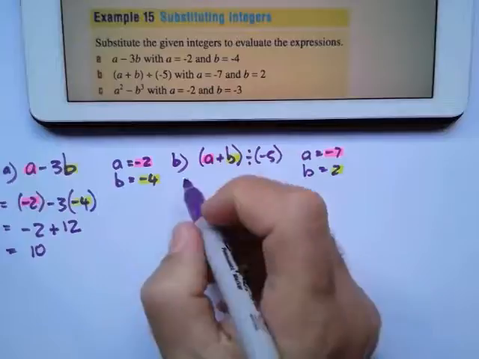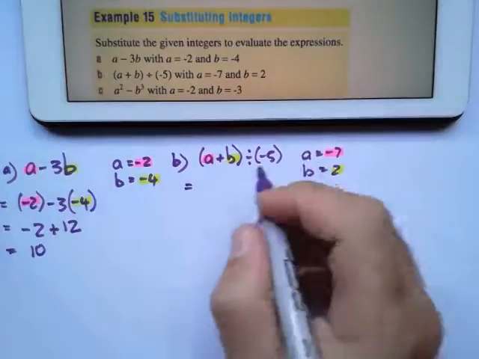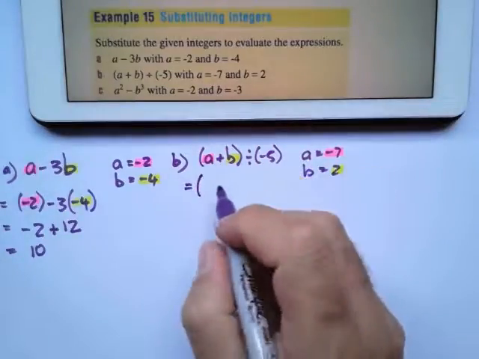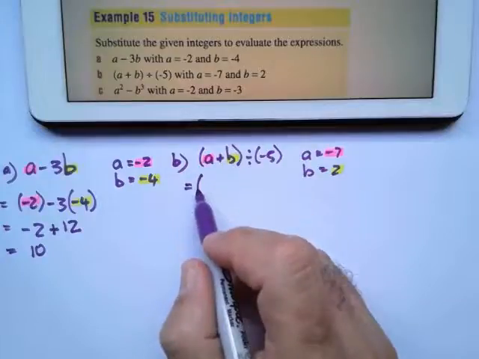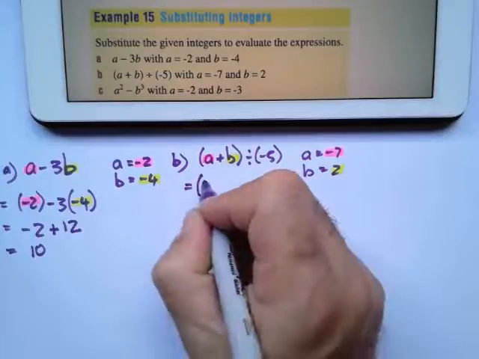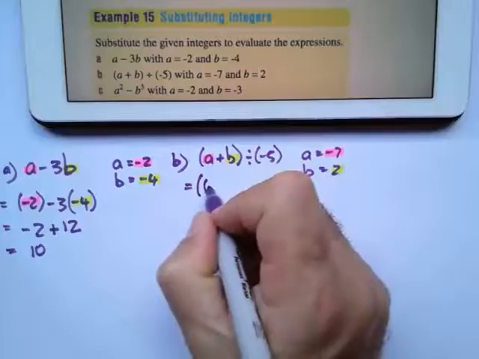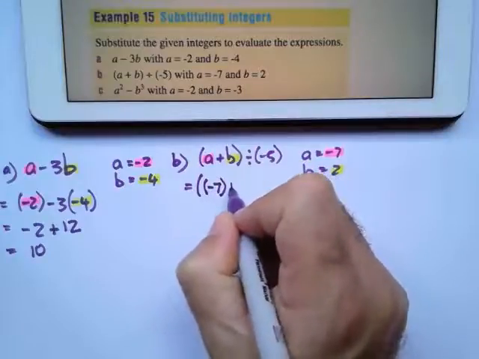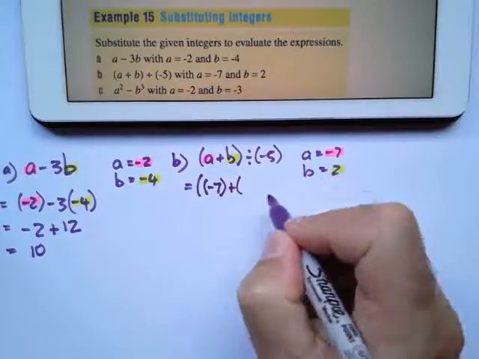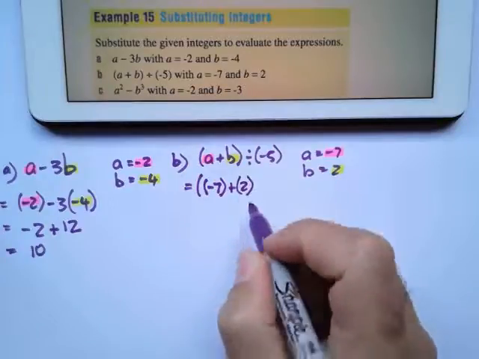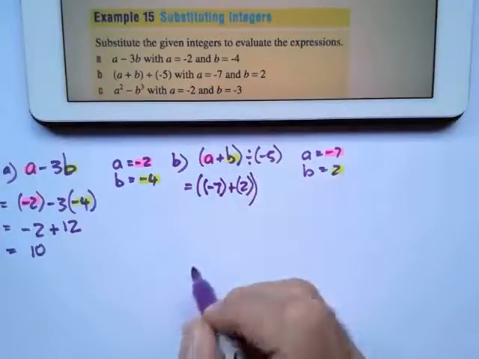So what I'm going to do is substitute a with negative 7, so there's a bracket for a. Then for b, I'm going to have another bracket, which is 2, and I'm going to close the bracket.